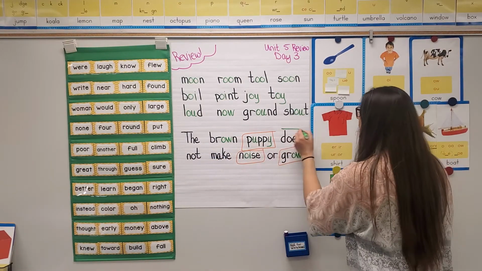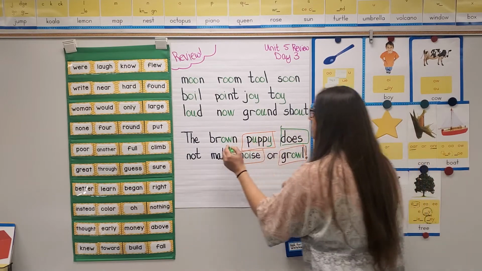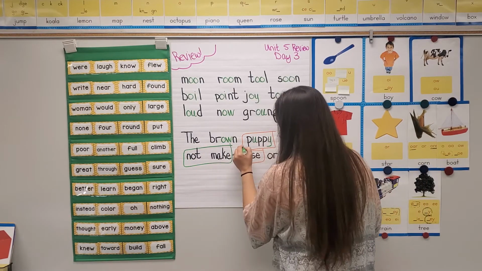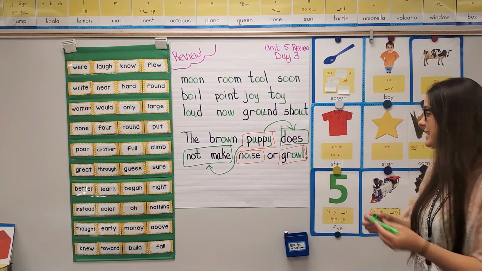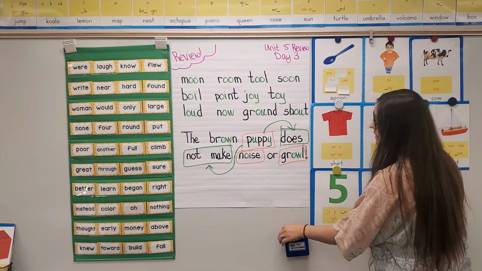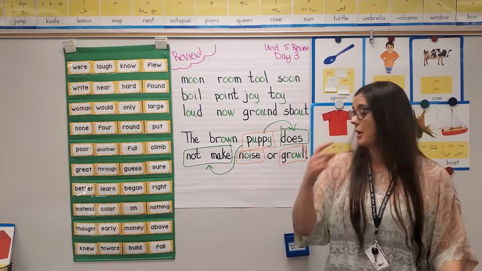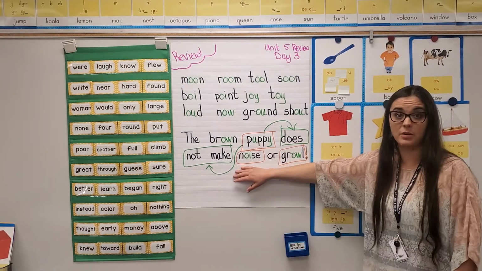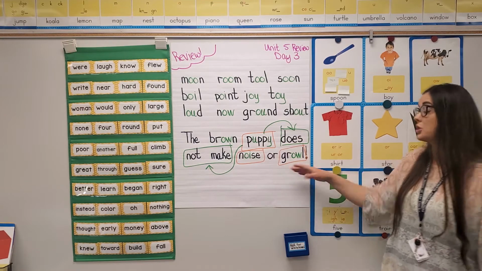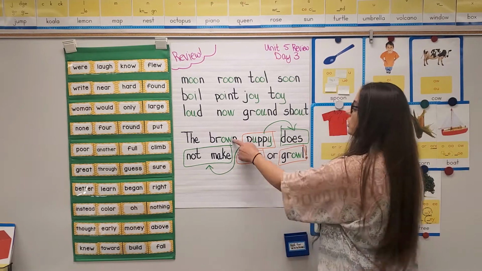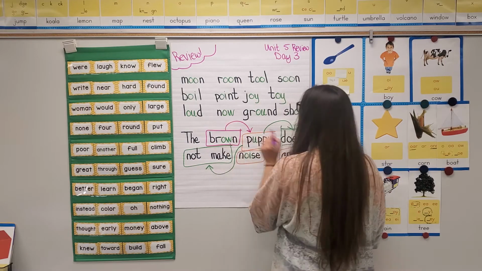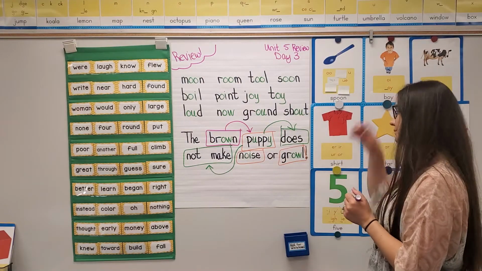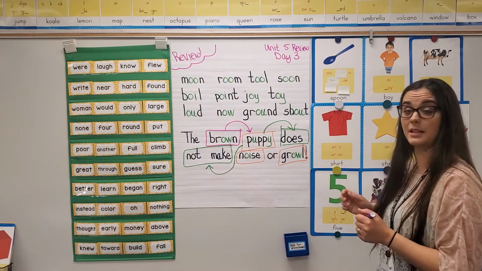So the brown puppy is what is not making any noise. And we do have an adjective. Adjective describes a noun. So nothing is describing the noise. Nothing is describing the growl. But the word brown is describing the puppy. All right. So we got a lot going on in our sentence.